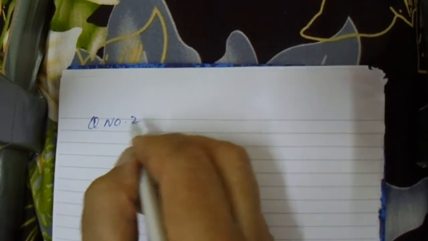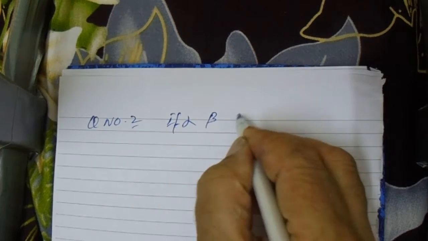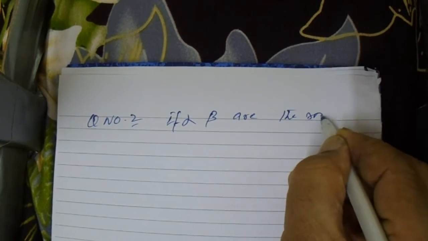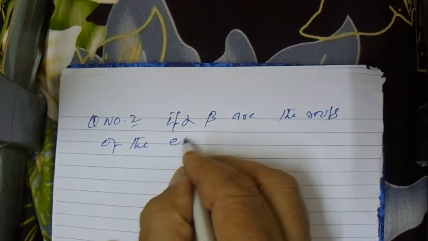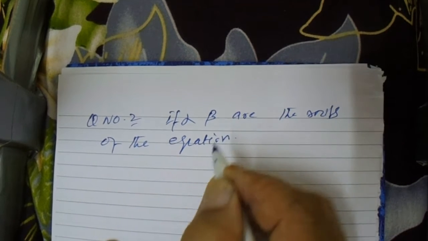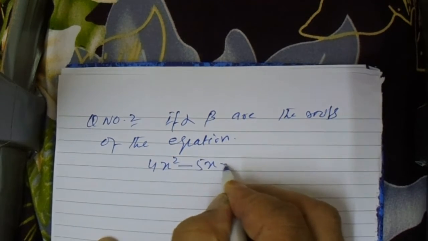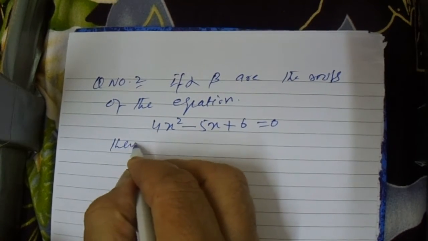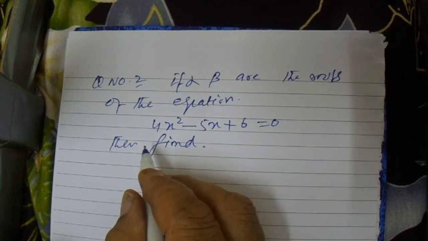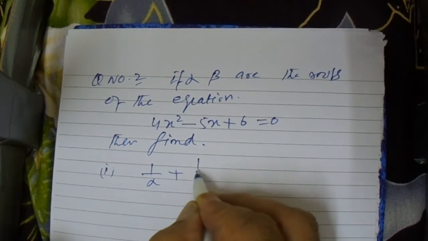Our question number 2 is: if alpha, beta are the roots of the equation 4x square minus 5x plus 6 is equal to 0, then find, first part, 1 over alpha plus 1 over beta.